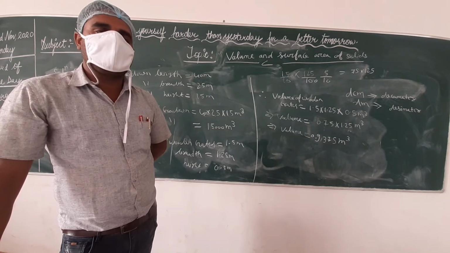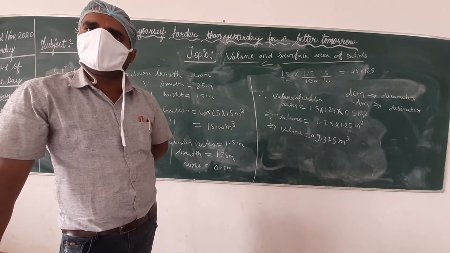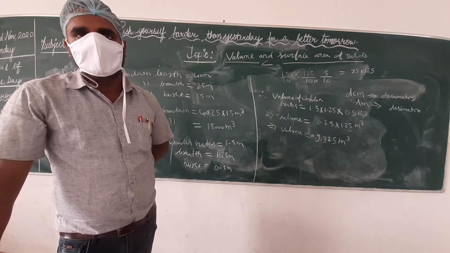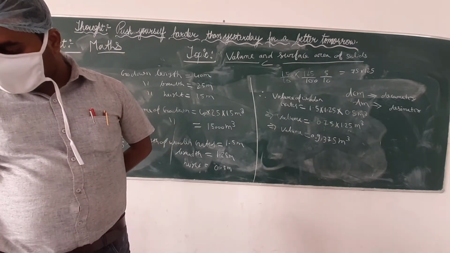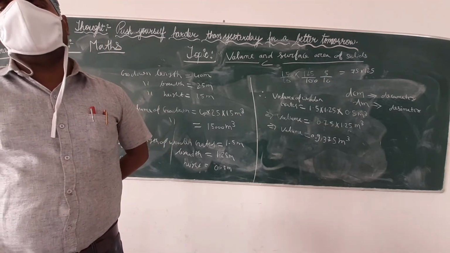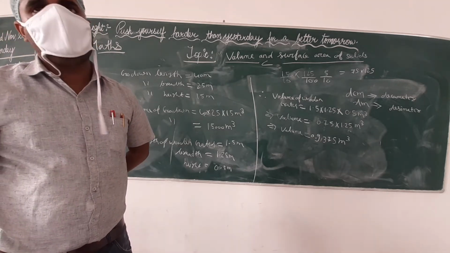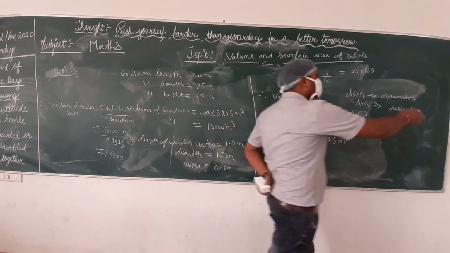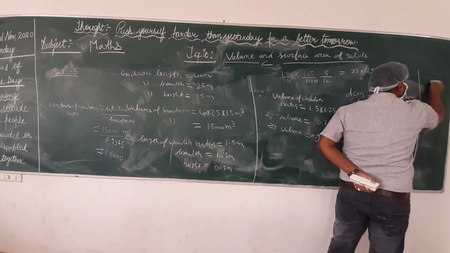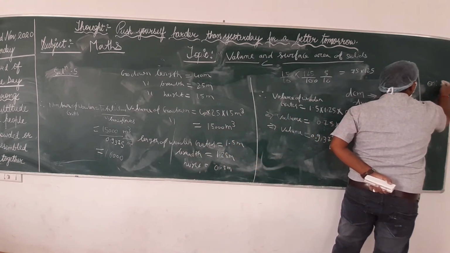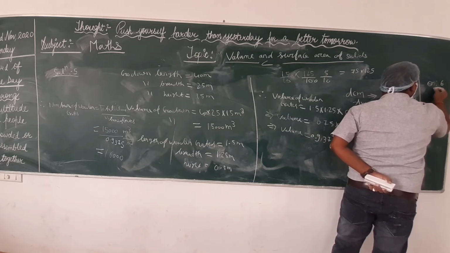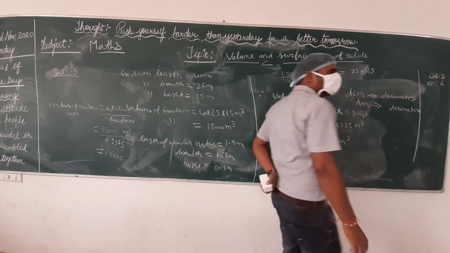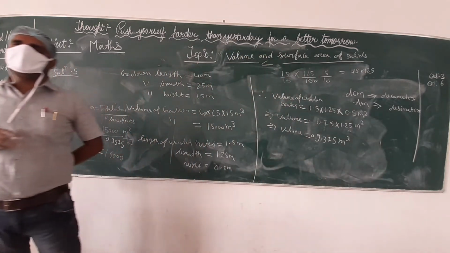So first you have to calculate the volume of the planks and divide by the volume of the pit. It is the same as question number 5. Question number 6 and question number 3 are the homework. Clear? Anyone have any problem?